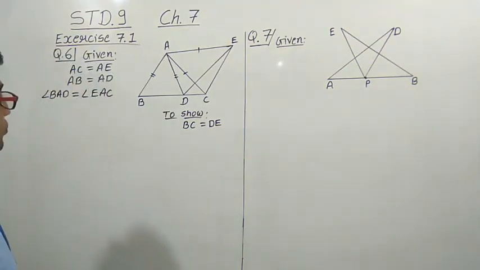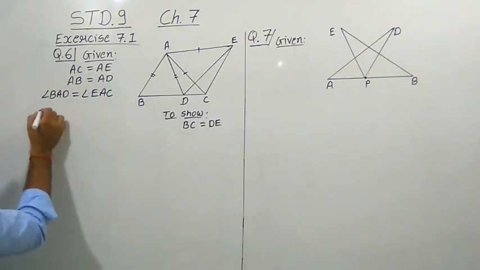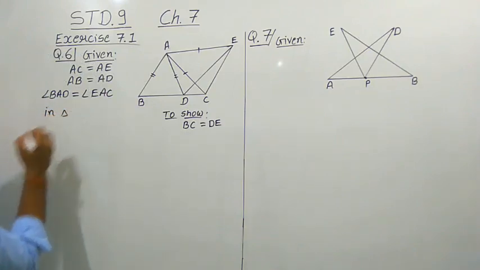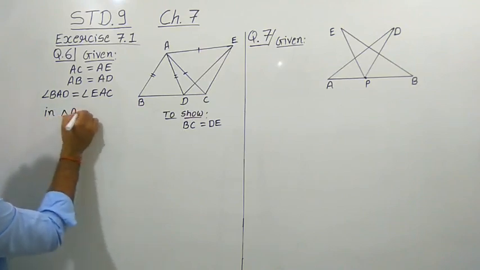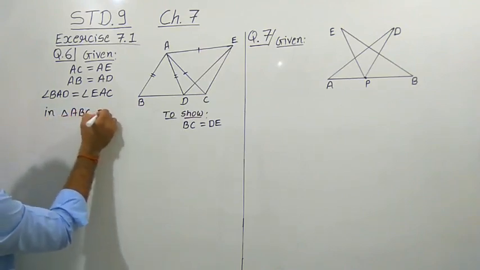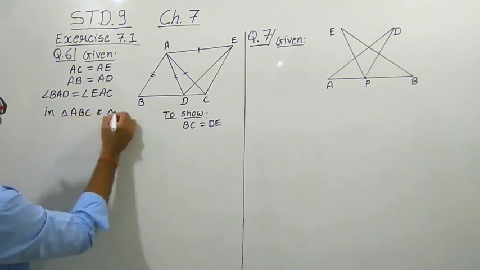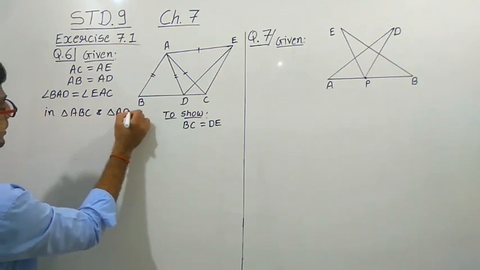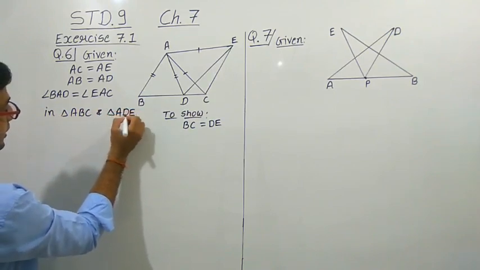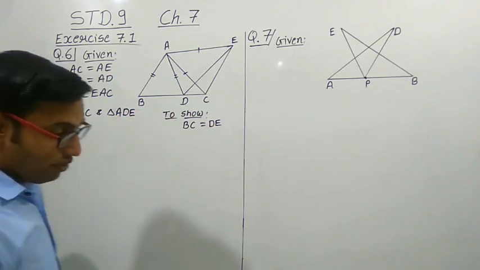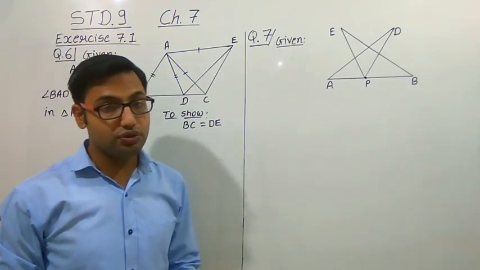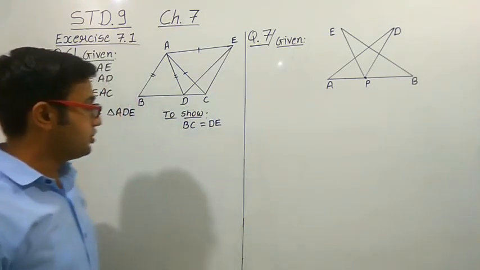Here we have to consider the two triangles: triangle ABC and triangle ADE. Now we know that to prove two triangles congruent, we must have three conditions.